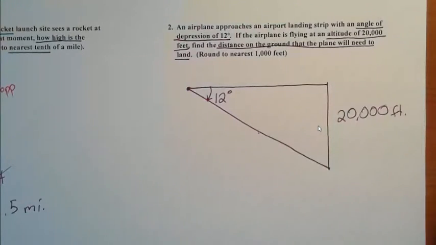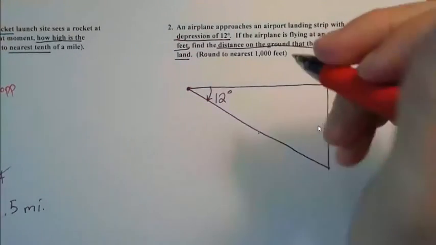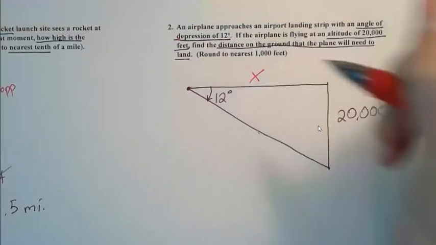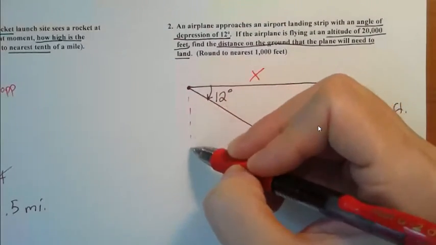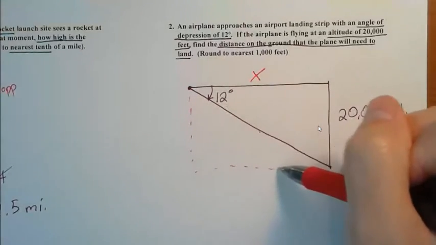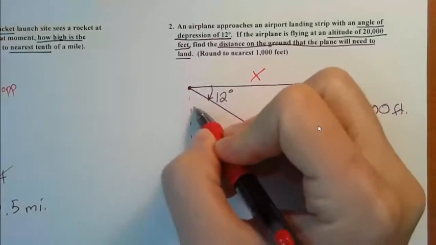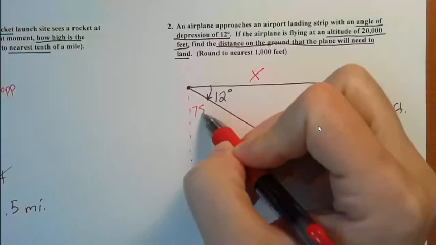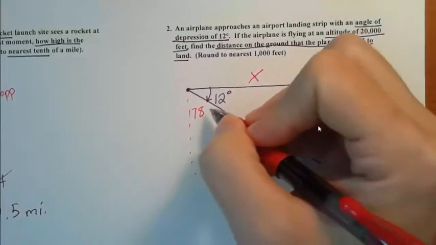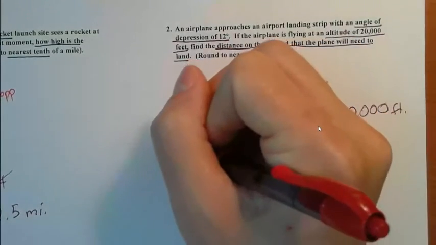So there are two ways you could do it. You could look for this x value up here, or you can make a rectangle out of what we have so far. Then this angle would be 78 degrees. And you could say, well, this side is also 20,000.